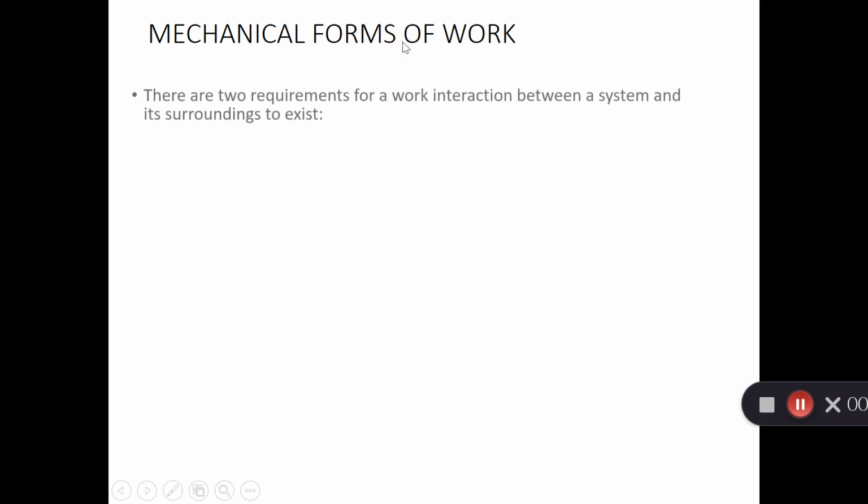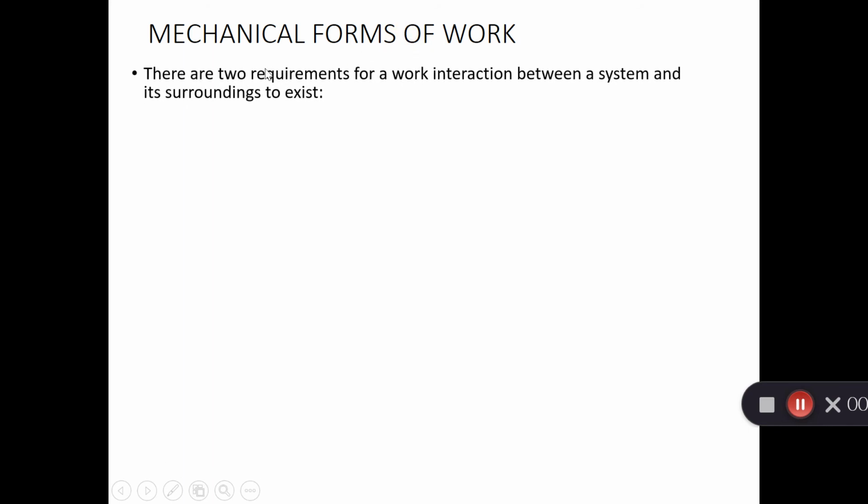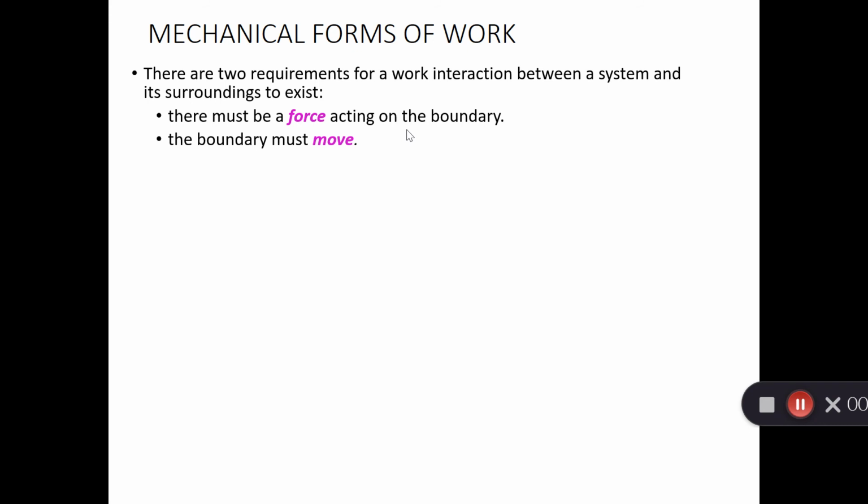Now let's look at the mechanical forms of work, the actual moving work. So there are two requirements for work interaction to happen. There has to be a force acting on the boundary, and there has to be movement by the boundary. So the very simple example of work is when you're pushing something. The force is coming from you, and the movement is coming from the object that is moving.